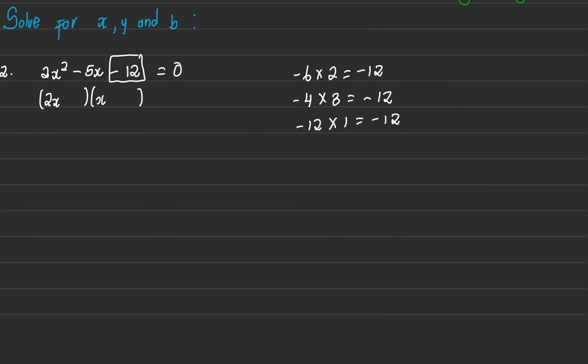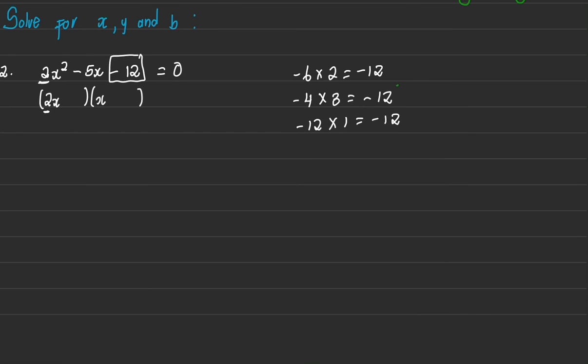So the trick here is basically the fact that if you have an a that is more than 1, it means that you already have 2 here. So because you already have 2, you have to make sure that you choose the factors with the lowest numbers possible.